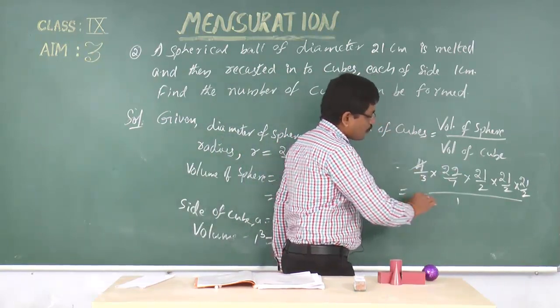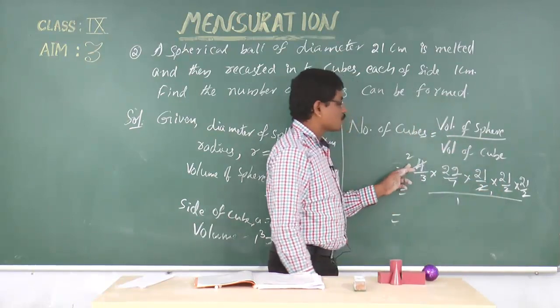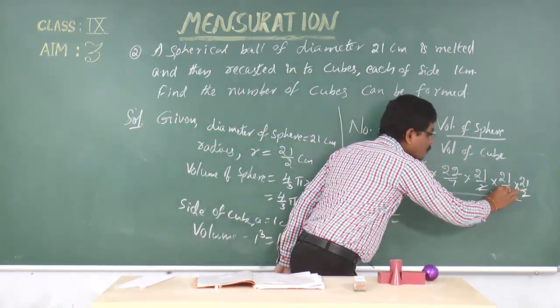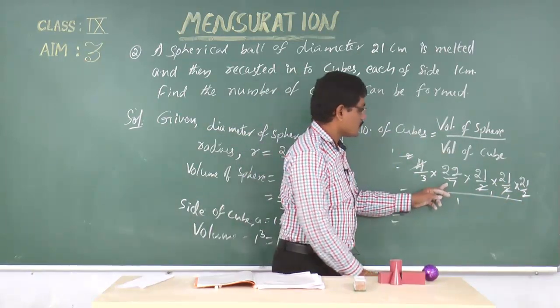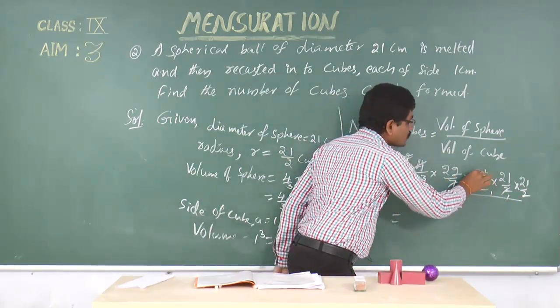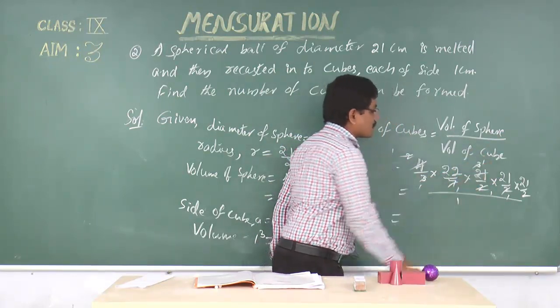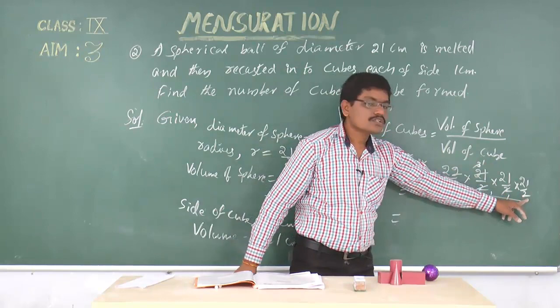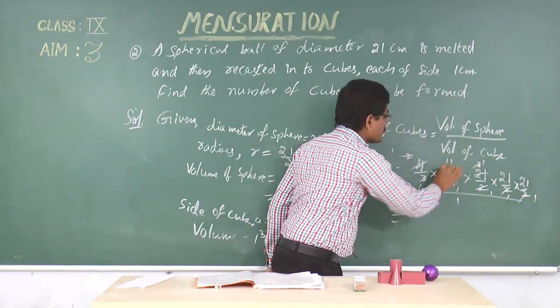So 4, 2 ones, 2 twos. Next 2 ones, 2 ones. Next here 7 ones, 7 threes. 3 ones, 3 ones. Next there is another 2 ones, 2 11s.